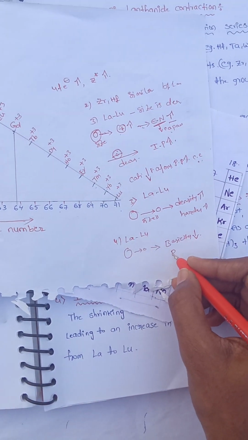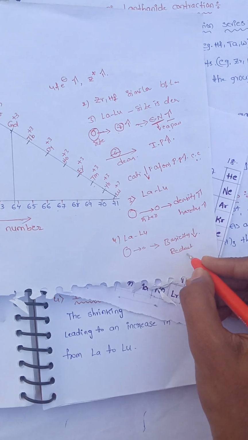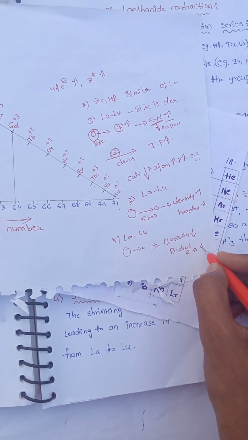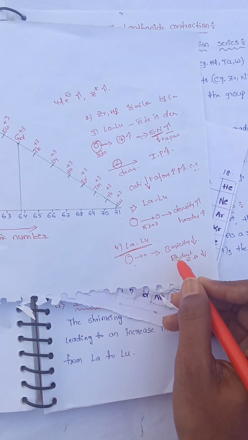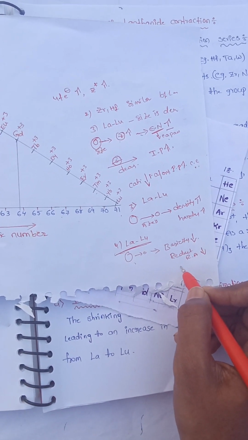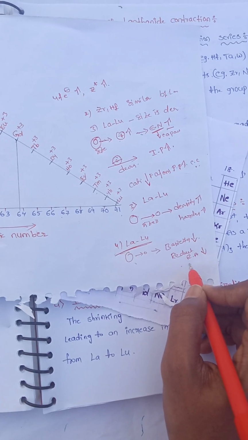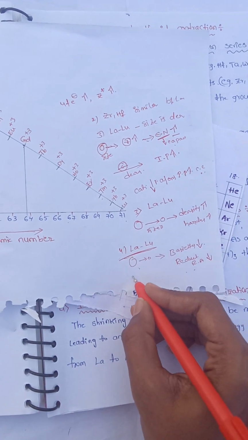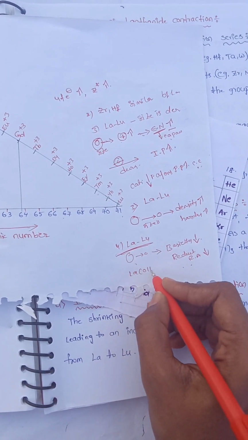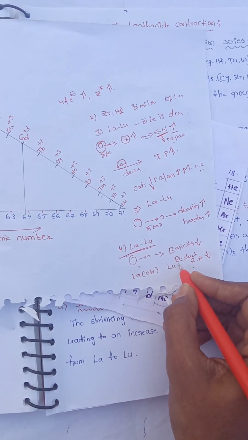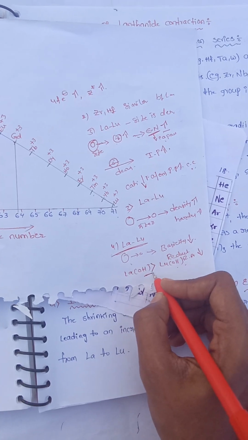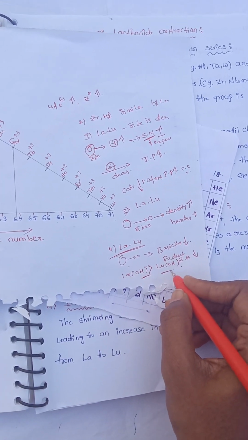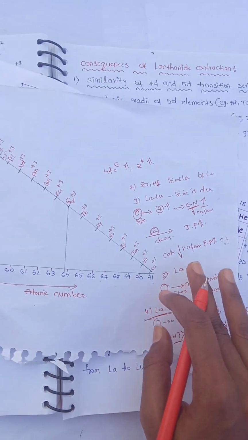This is the main important one. When the size decreases, basicity and reducing activity also decrease. That means if you compare lanthanum hydroxide and lutetium hydroxide, lanthanum hydroxide is more basic compared to lutetium hydroxide.